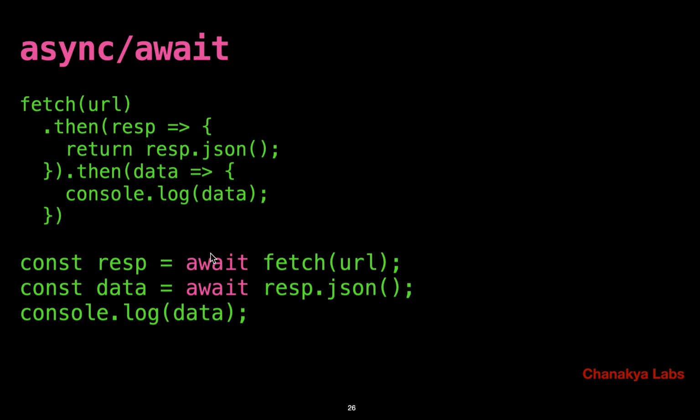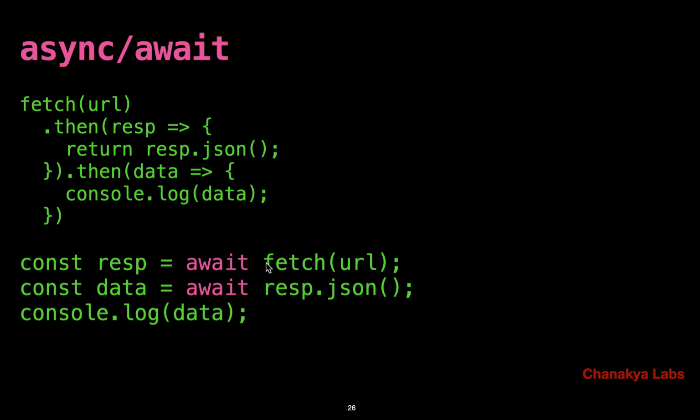Now if we put an await in front of that promise, then we get directly the resolved value rather than the promise. So if we don't put await, we get a promise. If we put an await in front of the promise, then we get the resolved value of that promise.